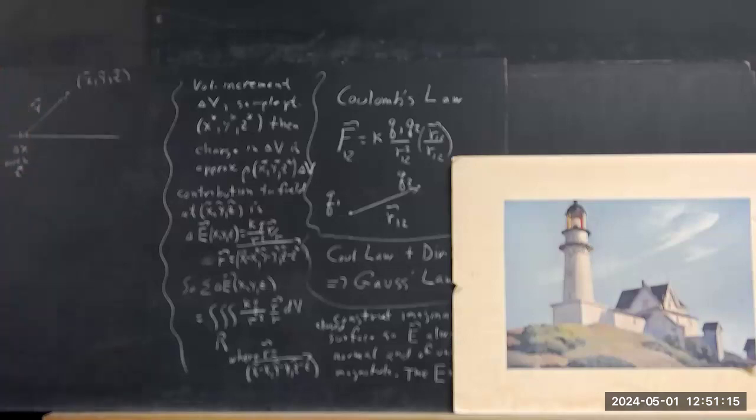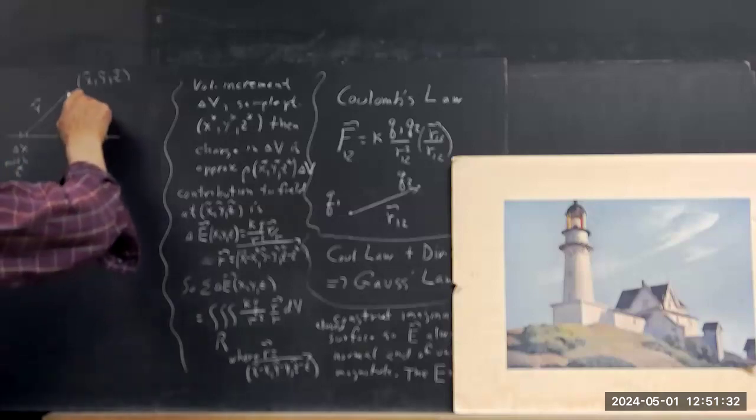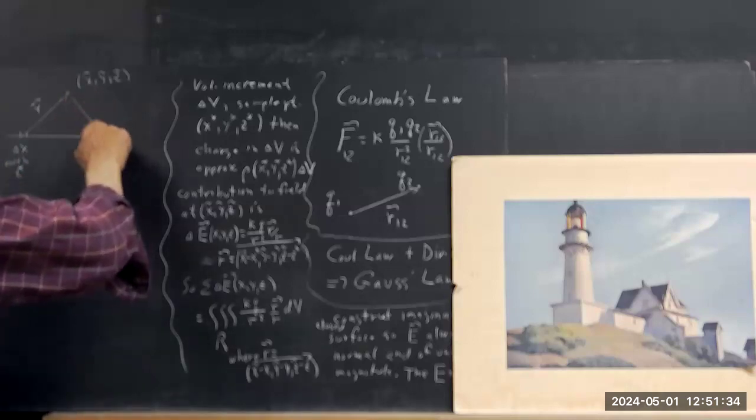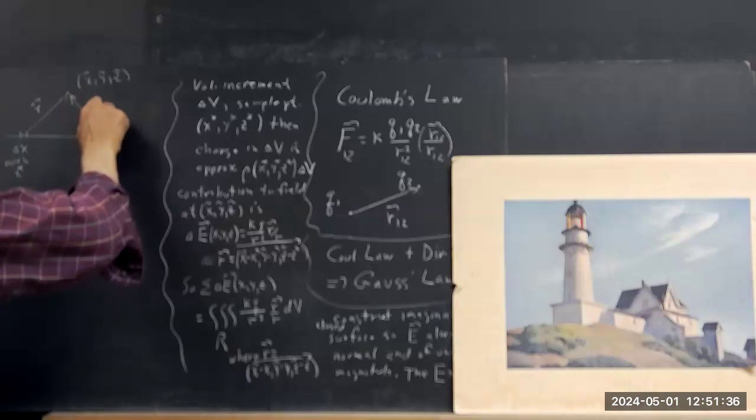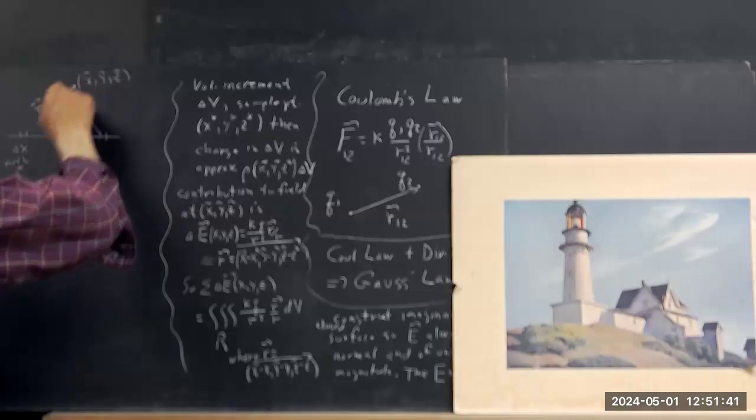Now, I'm not going to do the integral. We just don't have time. We've got a lot of things to talk about. But this is something we've done. It's something your text does, something you need to know how to do. And your picture is, if this is an infinite line charge, then you have another R vector here, and you get two field vectors.